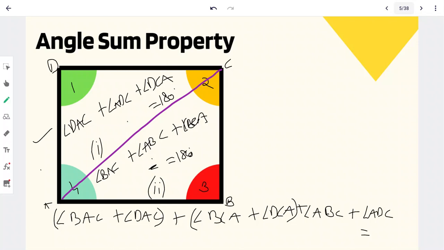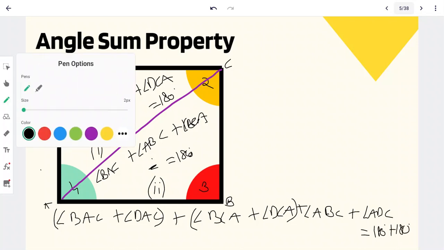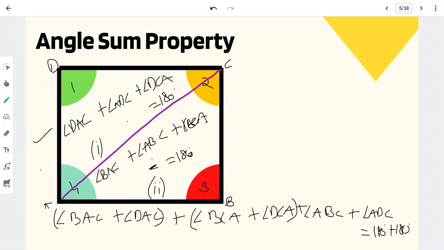That will give me 180 plus 180, isn't it? Now look over here. Let me change the pen color and show you. BAC plus DAC, what is that?